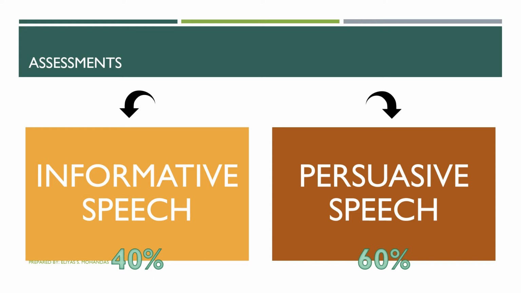As you can see here, the weightage for informative speech is 40% and the weightage for persuasive speech is 60%. So 60 plus 40 equals 100%. That being said, I think all of you know that we don't have a final exam. We only have ongoing assessments.